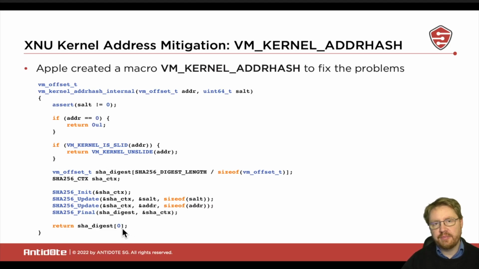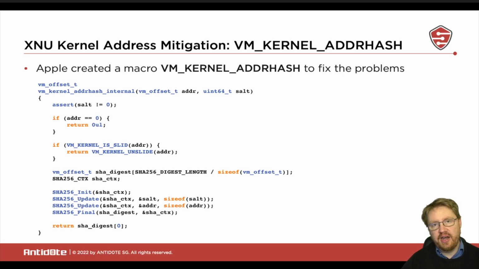So the moment something comes from the heap, for example, it will be cryptographically hashed, and it's using the 64-bit salt because it means you cannot really break the obfuscation unless you have the ability to somehow brute force a 64-bit space, which is not feasible. The return value here is basically the first 64 bits of the hash, and this is then the pointer that is returned to userland.